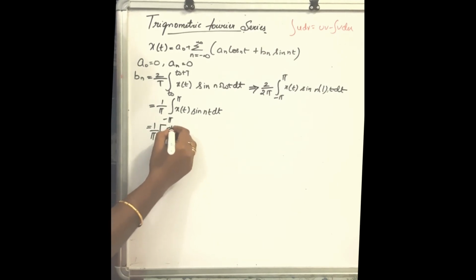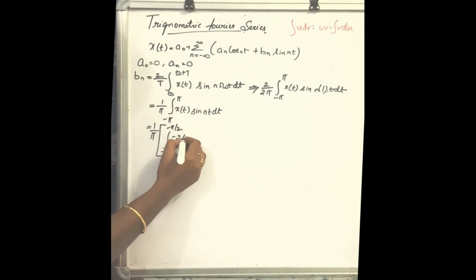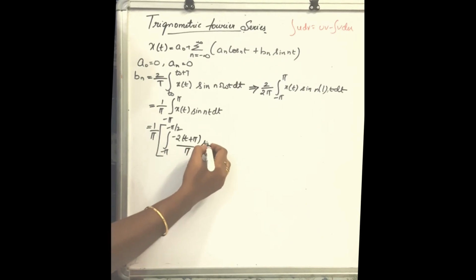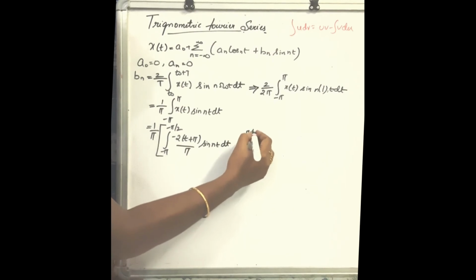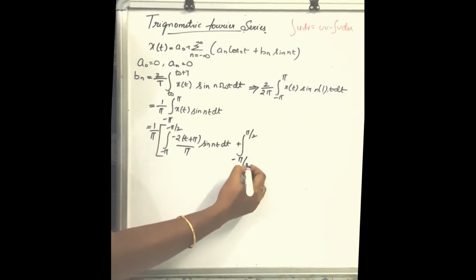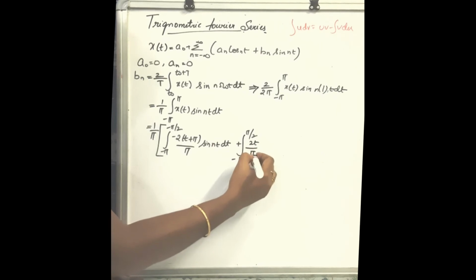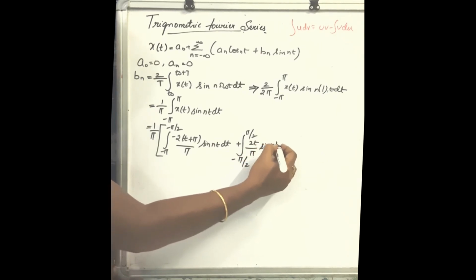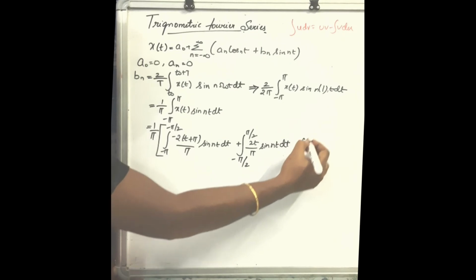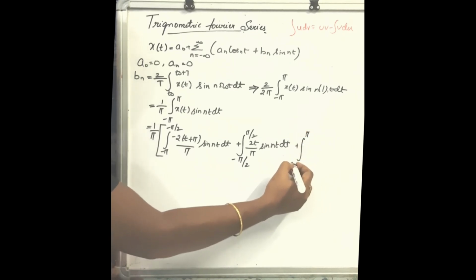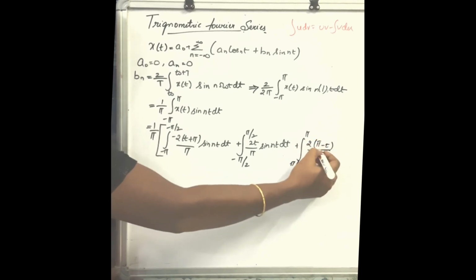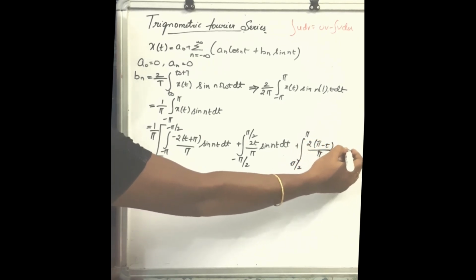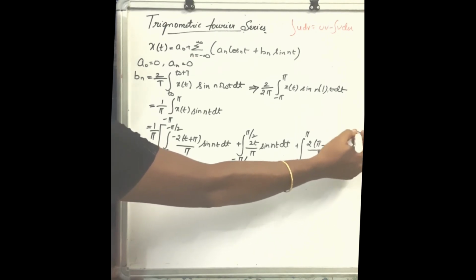The integrals are: minus pi to minus pi by 2 of minus 2 into t plus pi by pi sin nt dt; minus pi by 2 to pi by 2 of 2t by pi sin nt dt; and pi by 2 to pi of 2 into pi minus t by pi sin nt dt.